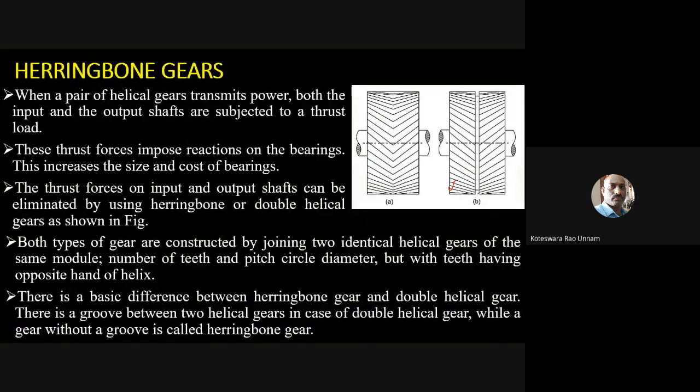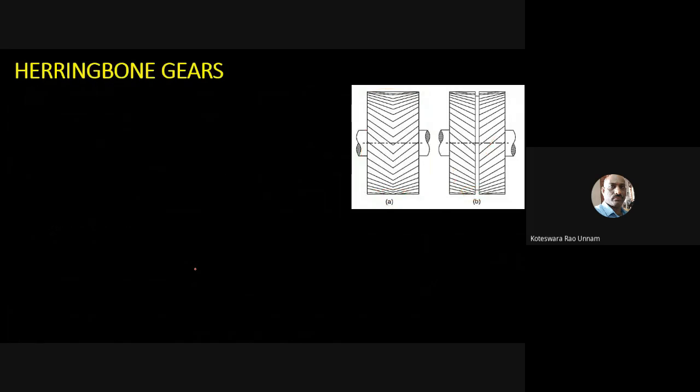So in this you have a groove here, whereas in case of herringbone there is no such groove. They are joined hand to hand here. So this we'll call a herringbone gear, and this one we'll call a double helical gear. That is the only basic difference. Other than that, everything is the same.